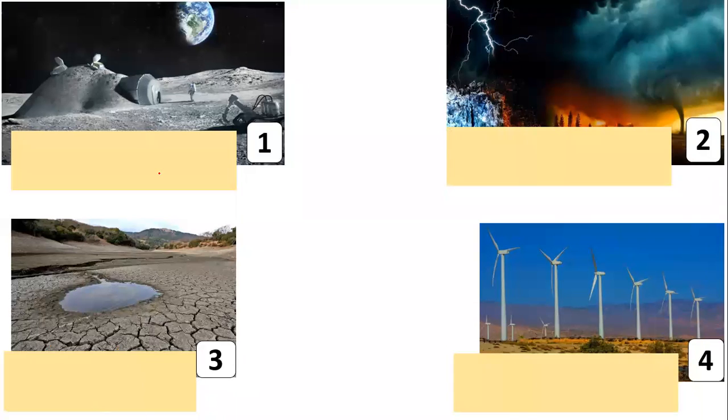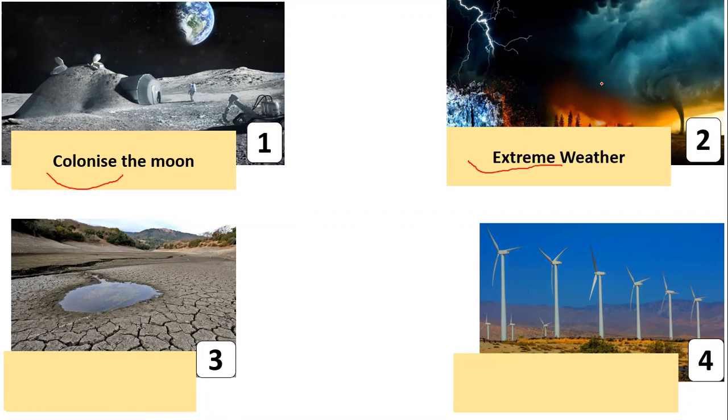Yes. So number 1 is colonize the moon. Okay. All right. For number 2, what did you guys put? Extreme weather. Very good. So number 2 is extreme weather.